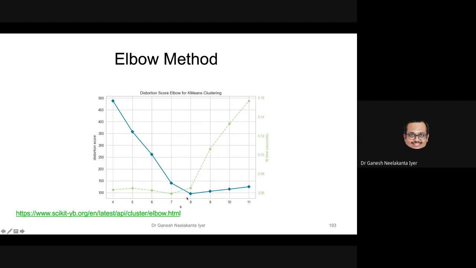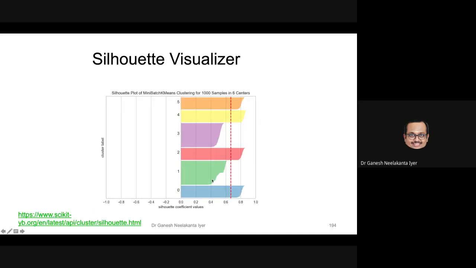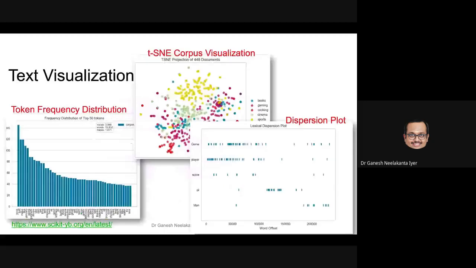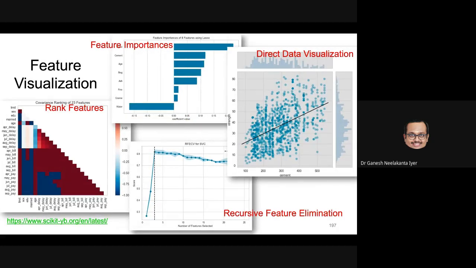So I have a number of Ks here and then I determine which K gives me the best answer. And there are many other visualizations like intercluster distance maps, and text visualization when your input is all in terms of text, and how the clustering works. We can use some special plots for text visualization, and feature importances, which features are more important than which other features. And all of these have libraries in scikit, if you take Python as an example.